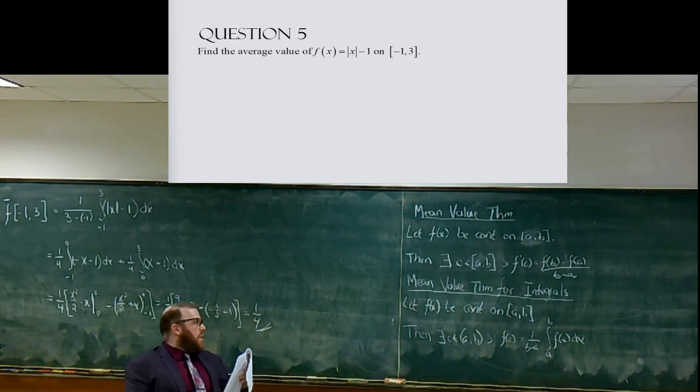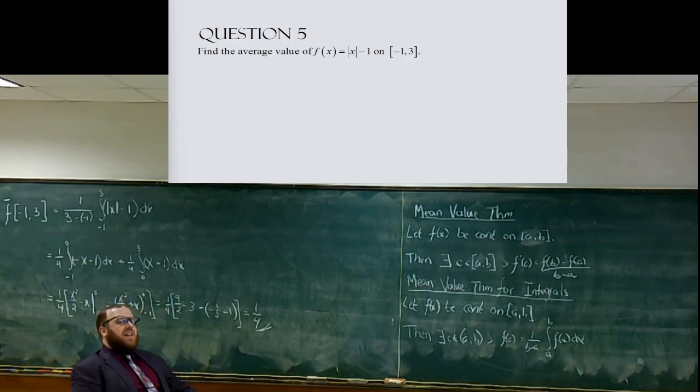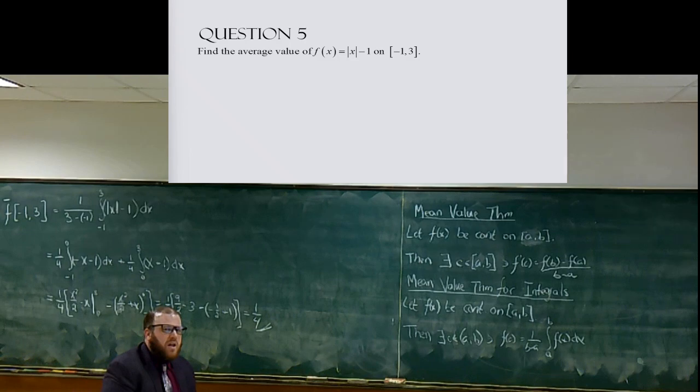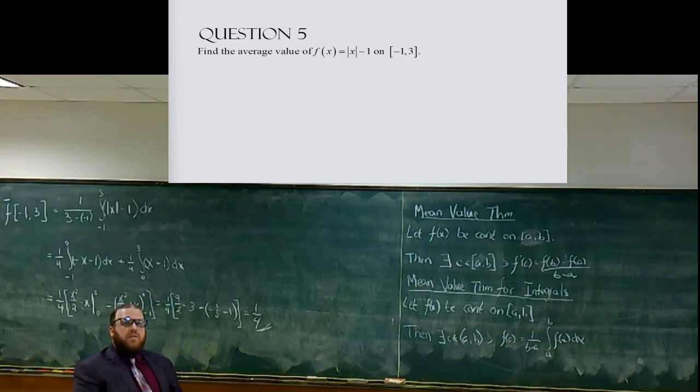Then there's at least one point c in your interval, such that f of c is 1 over b minus a times the integral from a to b of f of x dx. In other words, you have a continuous function. There has to be at least one point where your function evaluates to the average value of the function over the interval.